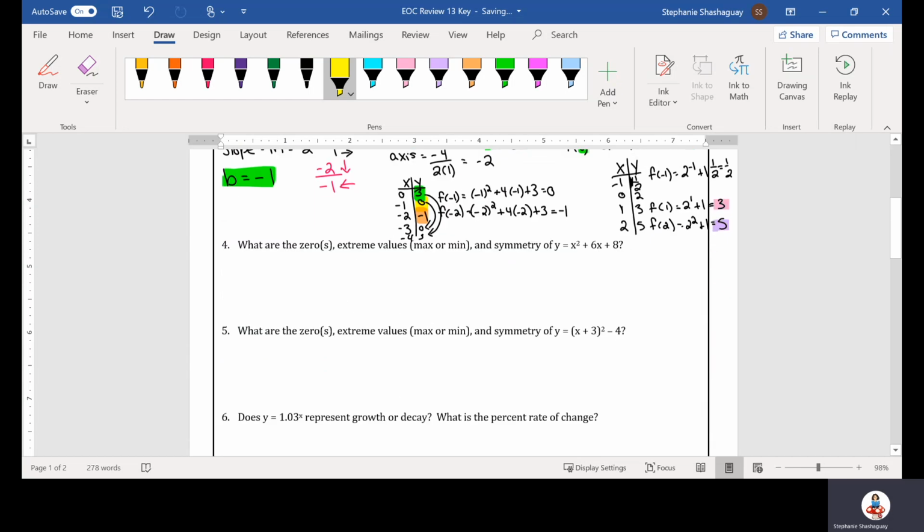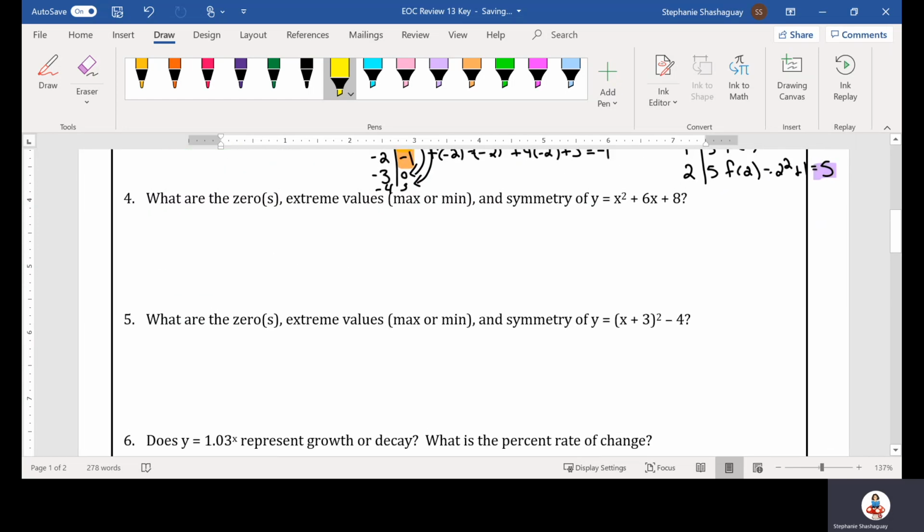Crammed for space. So number 4, what are the zeros, the extreme values, the maximum, and symmetry? So we need to know our zeros, which are solutions, our extreme values, which is our max or min, and our axis of symmetry for the function y equals x squared plus 6x plus 8. So remember, your zeros are your solutions.